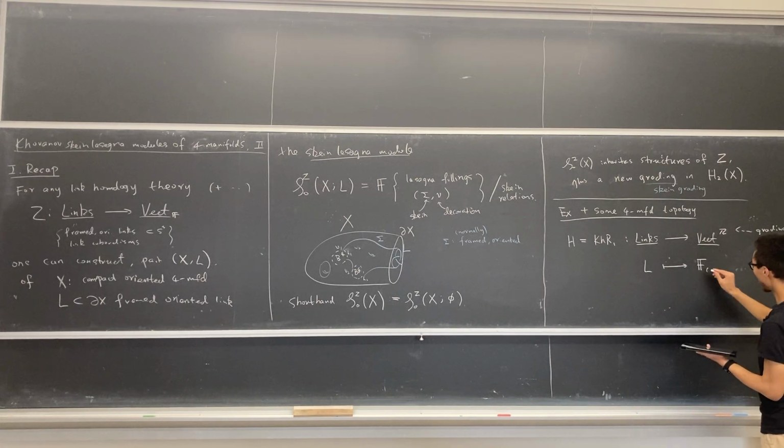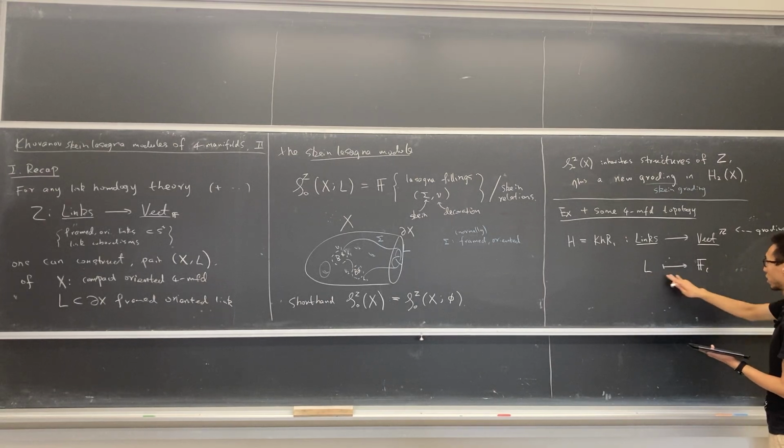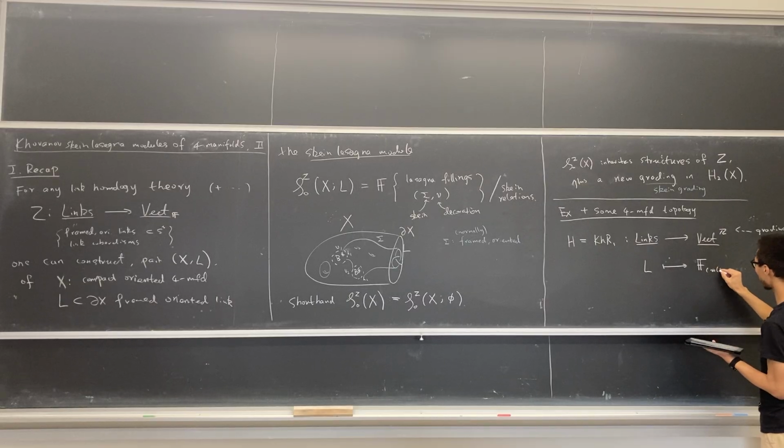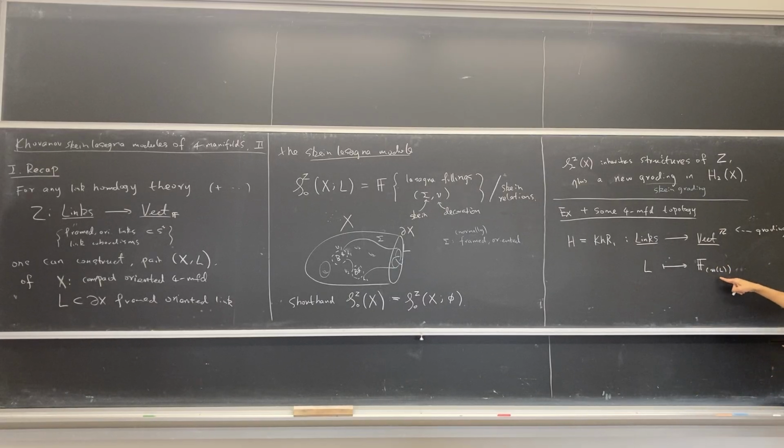And for a link, we are associating to it the one-dimensional vector space, but with grading concentrated in w(L), which, depending on your perspective, you can either say it's the writhe of this framed link L, or maybe more intuitively the self-linking number.